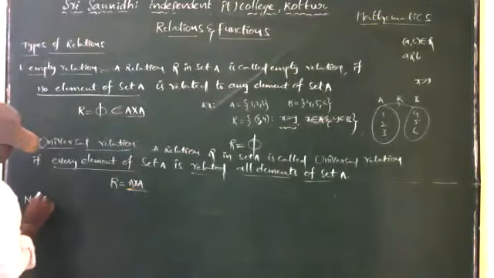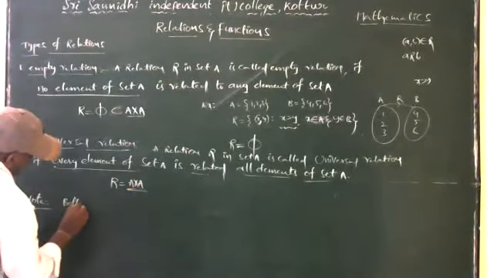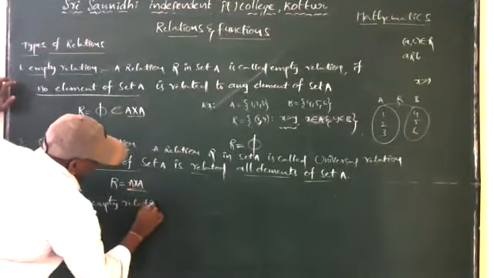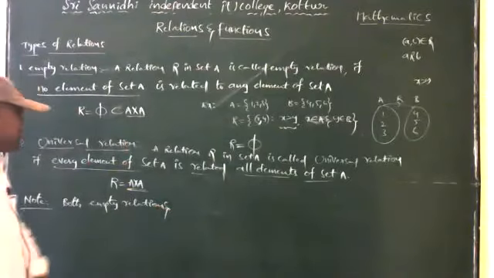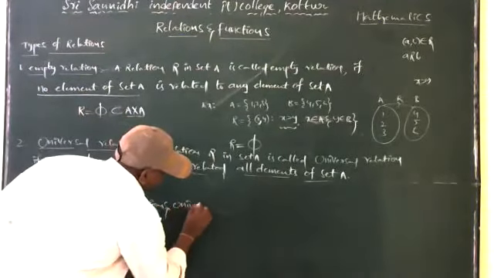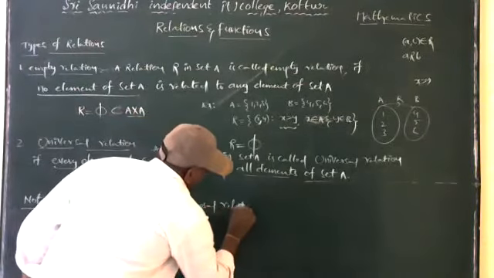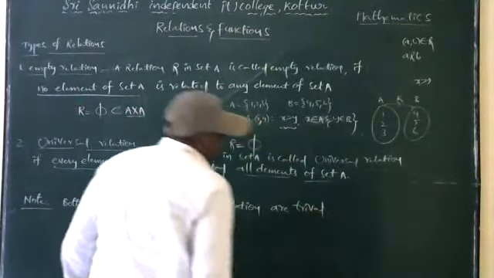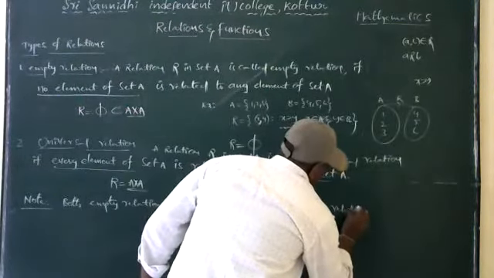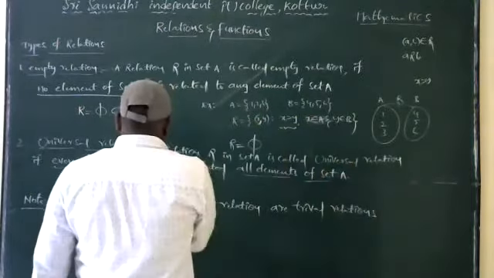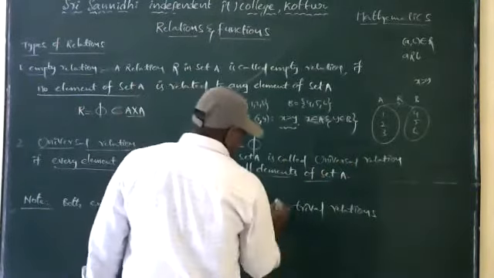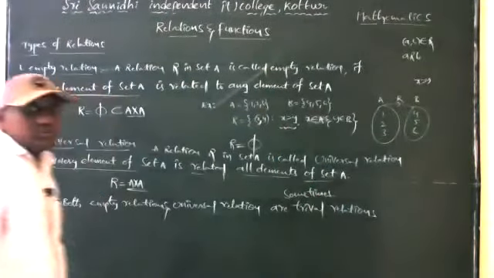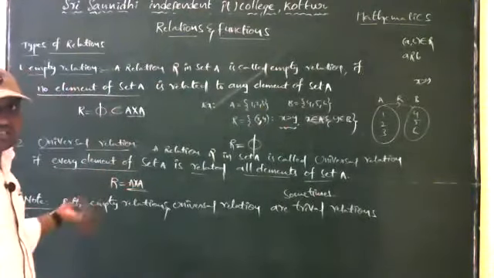You have to remember the note: both empty relation and universal relation are sometimes called trivial relations. So both are trivial relations sometimes.